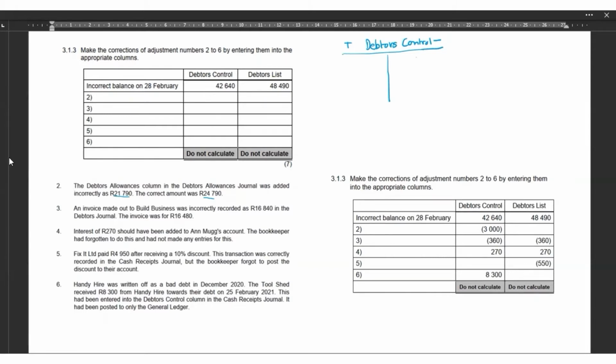And I decreased initially by 21,790. But that was the incorrect amount. My correct amount is even more. My correct amount is an additional 3,000 Rand that I need to decrease by. So I'm going to decrease further by 3,000 Rand. You can either put a minus sign or more commonly brackets. It does not affect my list.